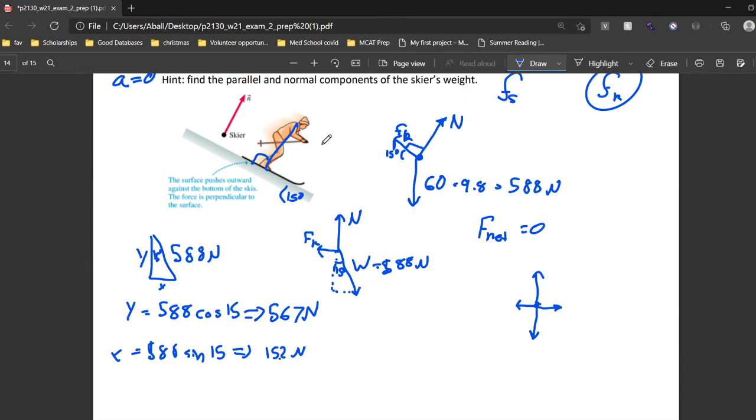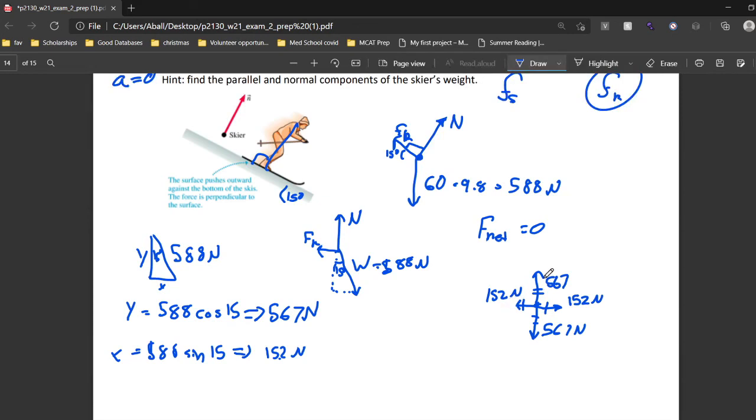Because velocity is constant and not changing, the horizontal and the vertical components must cancel out one another. So we know that the downward vertical component is 567 newtons. So the normal force must be 567 newtons. We know that the x direction has a force of 152 newtons. I almost wrote 125. 152 newtons. So the frictional force must be 152 newtons in the negative direction.